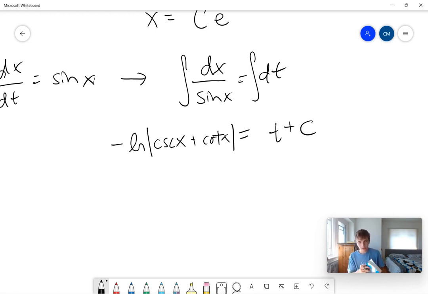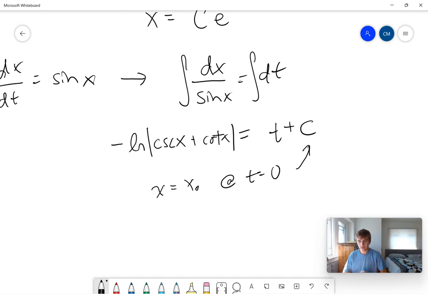Awesome. Okay. And then if we apply some initial conditions, say x is equal to x naught at t is equal to 0, we can solve for this integration constant. But this is not that useful unless we have a graphing calculator, right?